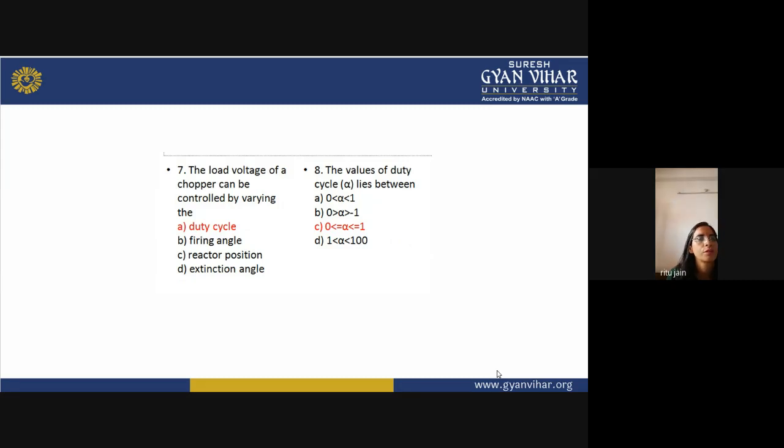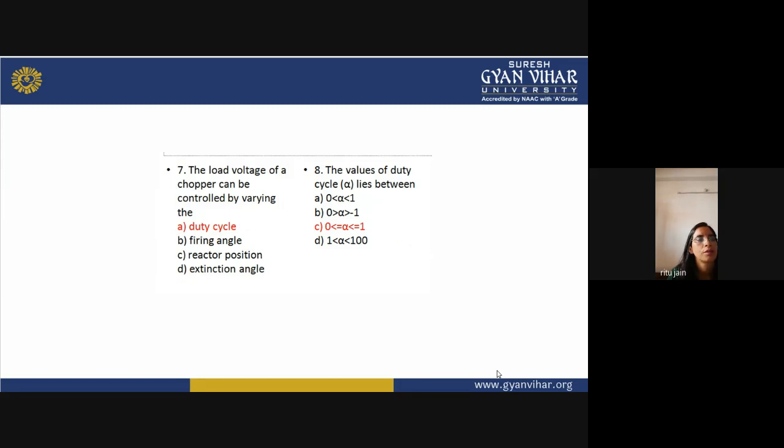Now, the value of duty cycle lies between 0 and 1, so alpha is greater than or equal to 0 but less than or equal to 1.